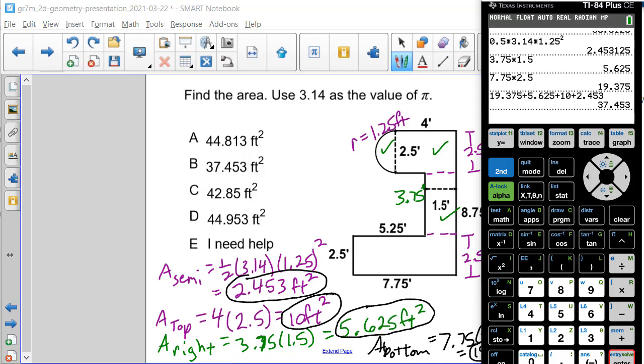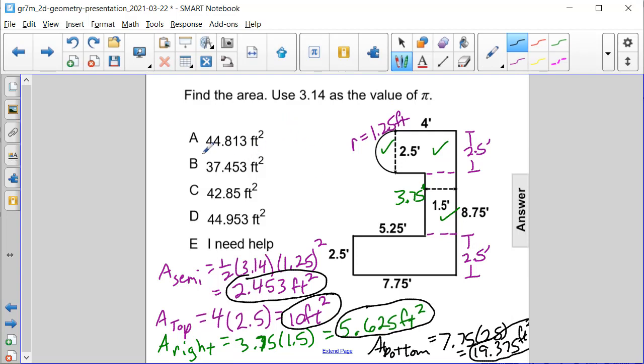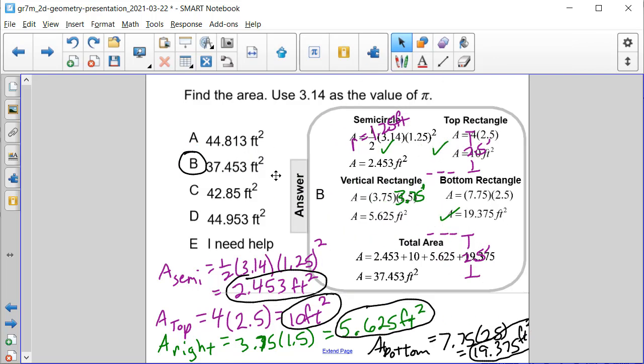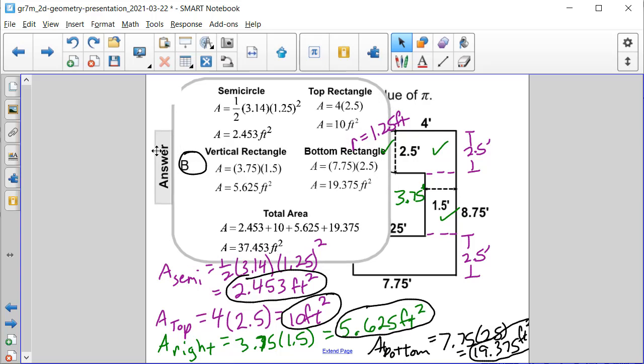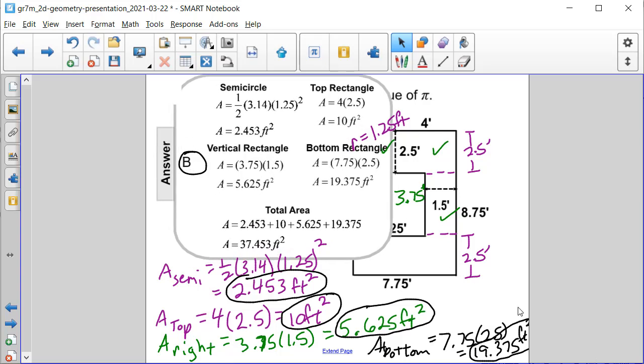And we get 37 and 453 thousandths. So the total area is this when we add up all of those values together. And yep, we got all the solutions that they found.